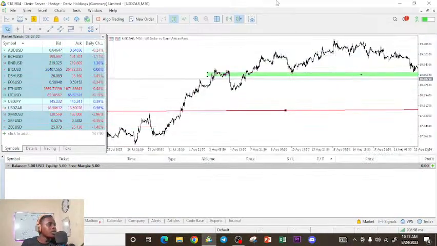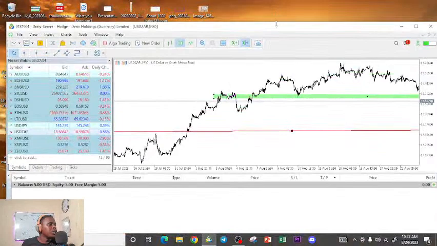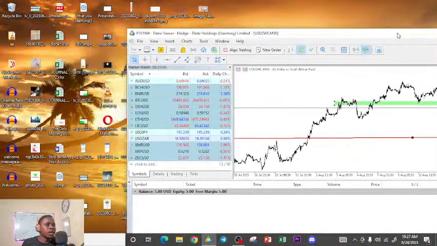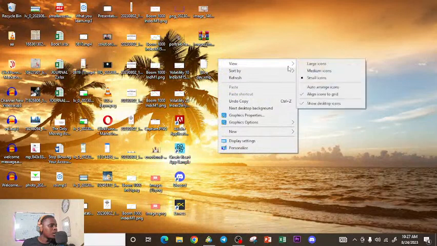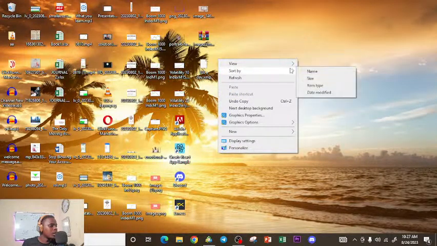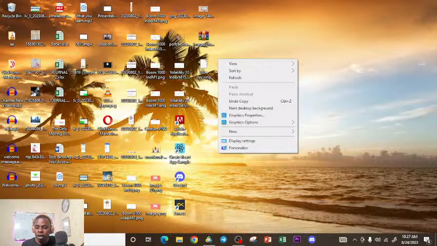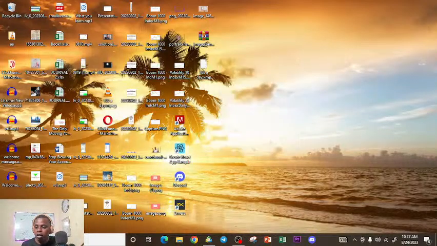So I will take maybe a 1 or 2 minute break, and during that time I will log into my computer, and then I will log into my account and place some trades. So let me log into my account.